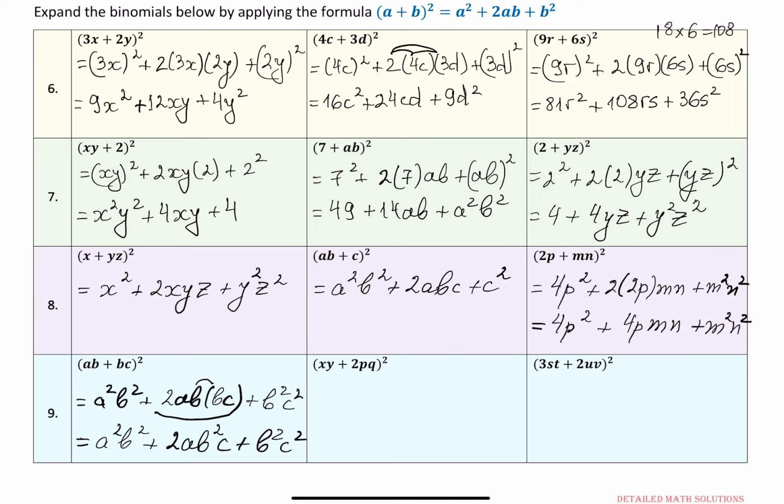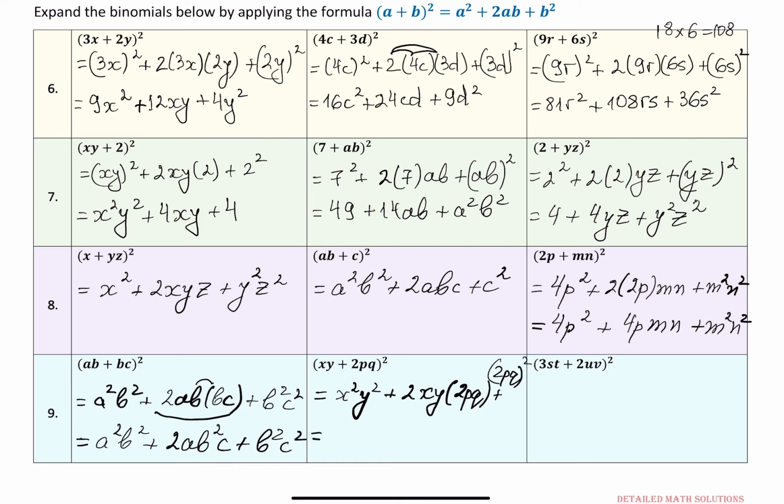Next exercise, (xy plus 2pq) squared. This equals (xy) squared, or x squared y squared, plus 2 times xy multiplied by 2pq, plus (2pq) squared.